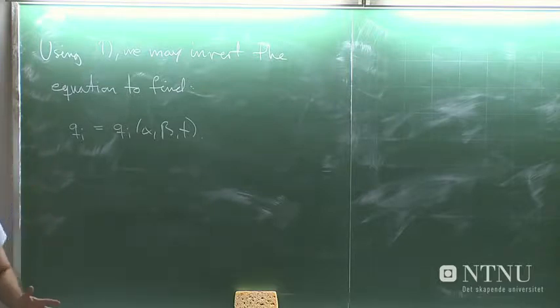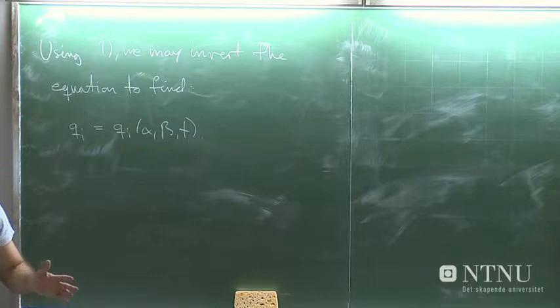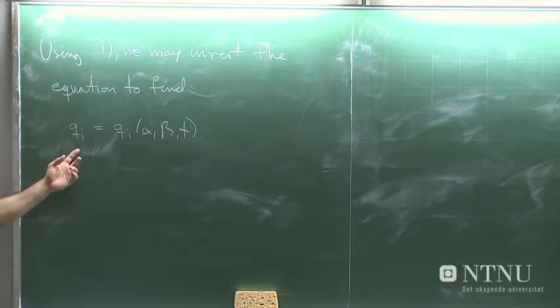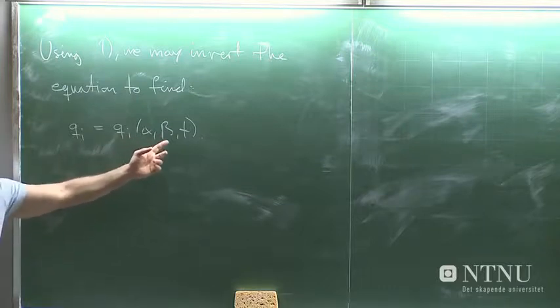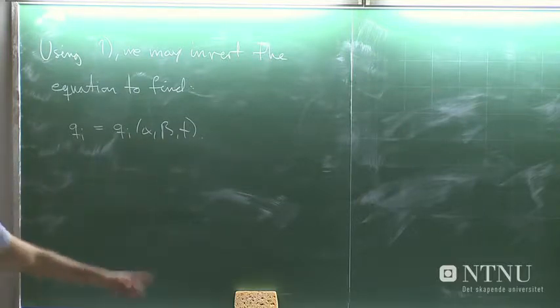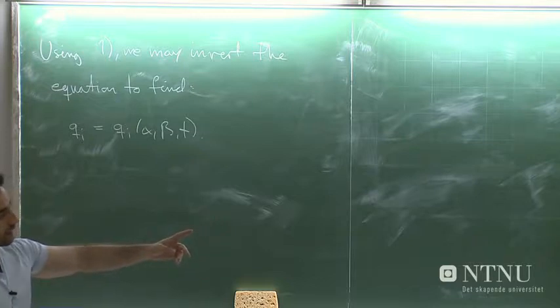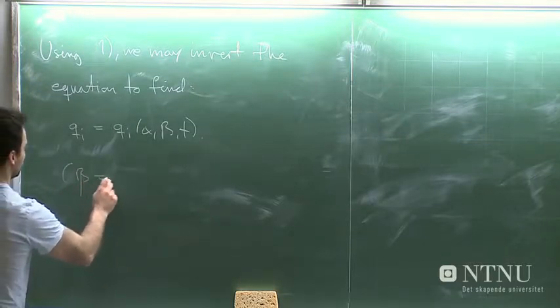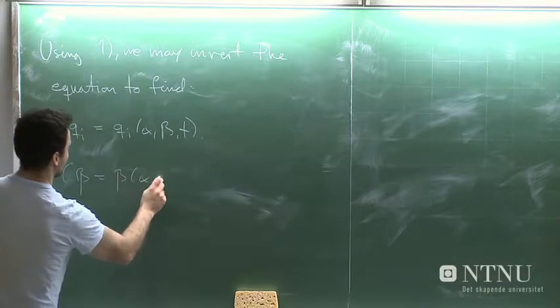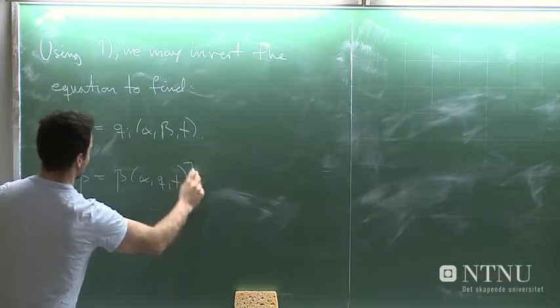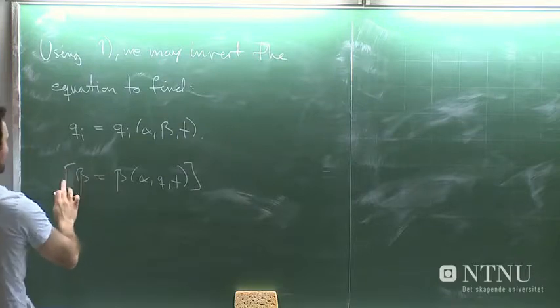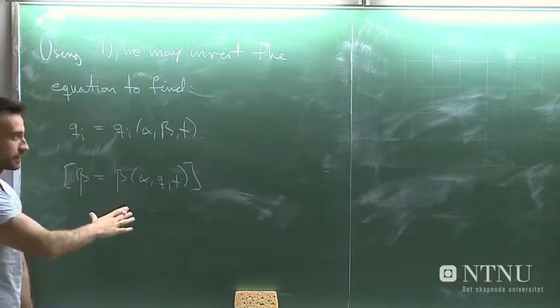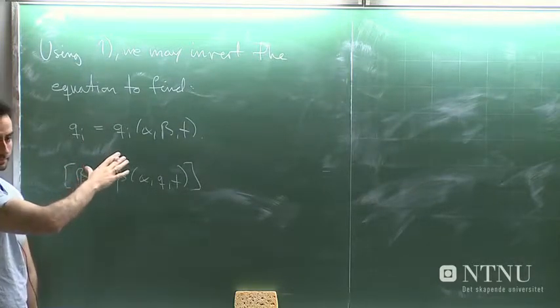Having done so, we obtain some equation. Now we take this equation and invert it so that we express q_i as a function of alpha, beta, and t. Originally we started with this, so we just rewrite the equation to the following form.